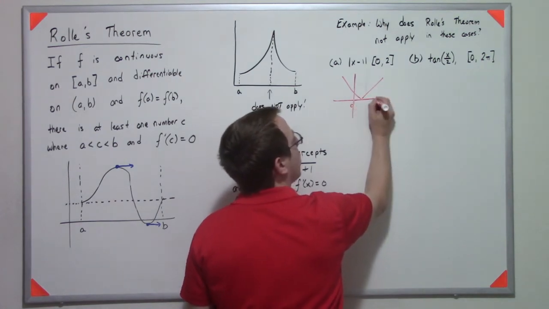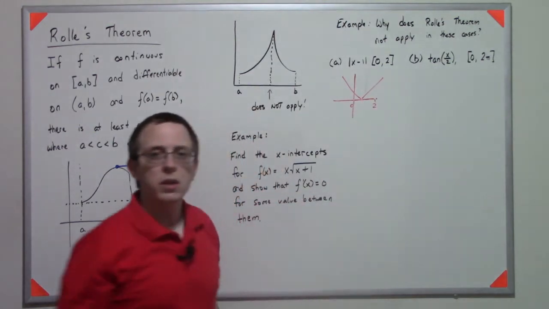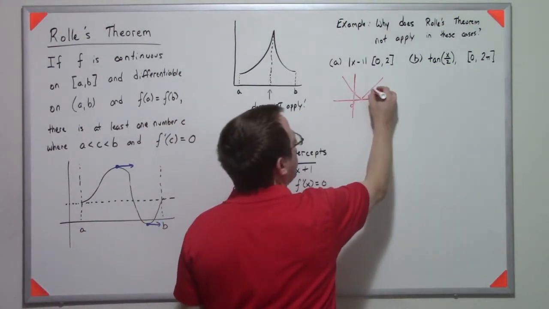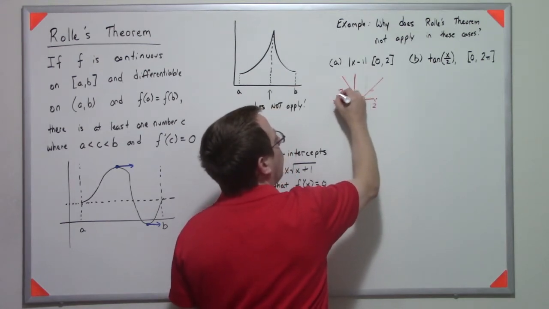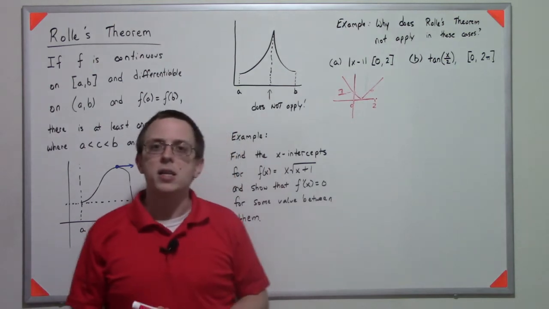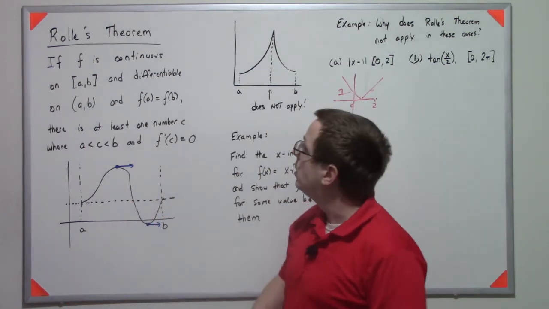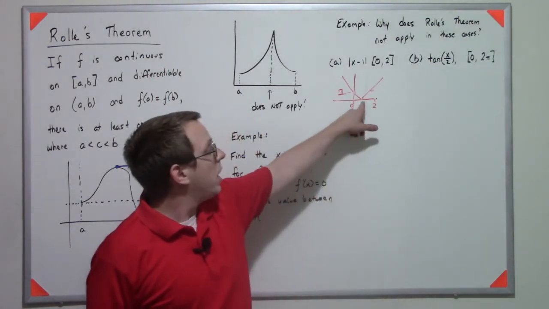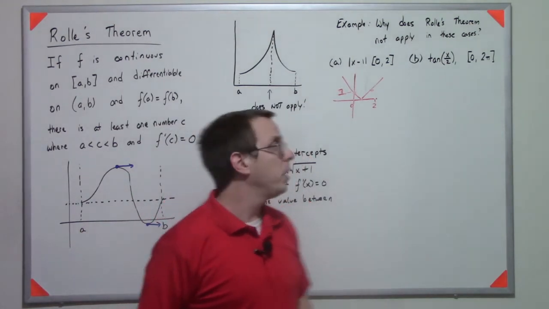And on 0 to 2, this thing's clearly continuous, and the function value at 0 and the function value at 2 are both 1. So it satisfies all the requirements except for differentiability. The derivative is not defined here at x equals 1, so Rolle's theorem does not apply.